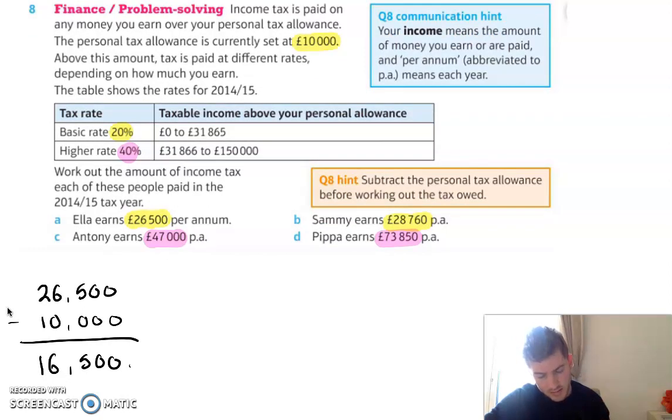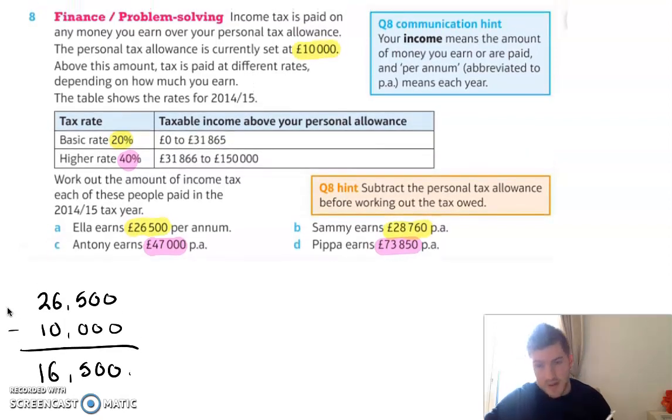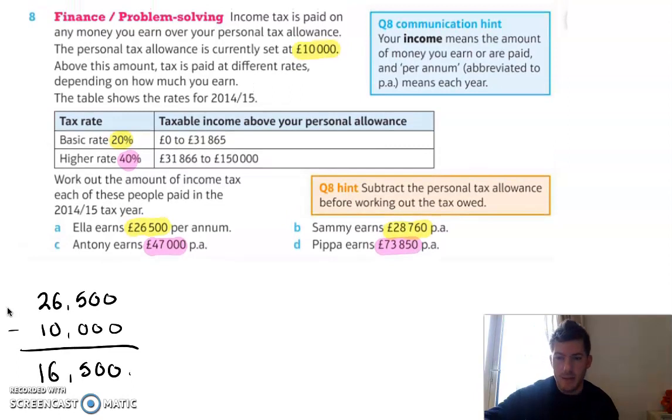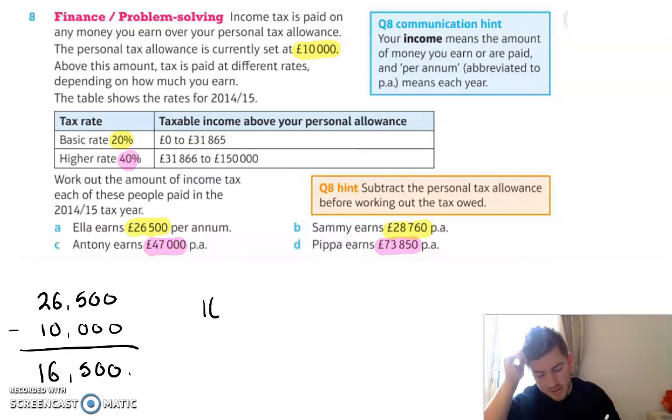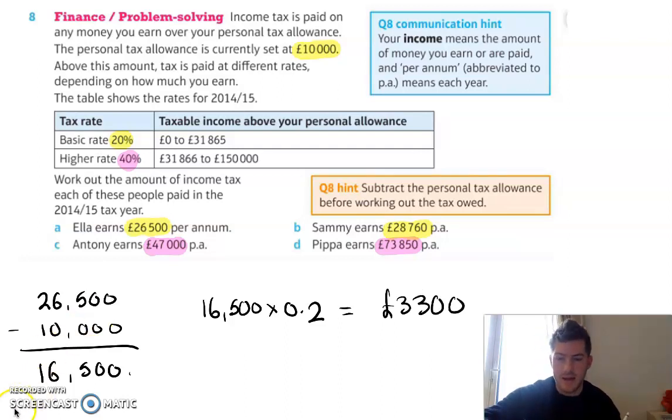So you're going to do 16,500, sorry, multiplied by 0.2, because that's 20%, and that's going to equal your tax for that year there. Okay, so that's A done for you.